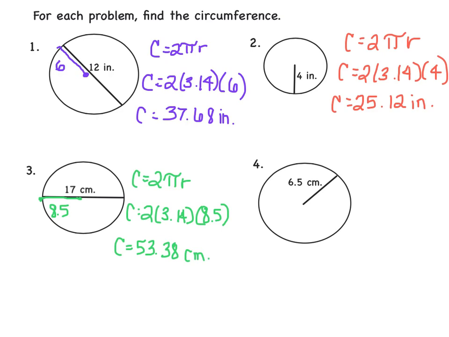Go ahead now and find the circumference for circle number 4. So C equals 2 pi r. 2 times 3.14 times my radius, which is 6.5.